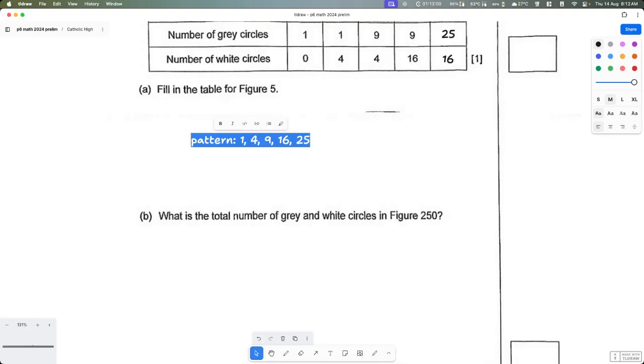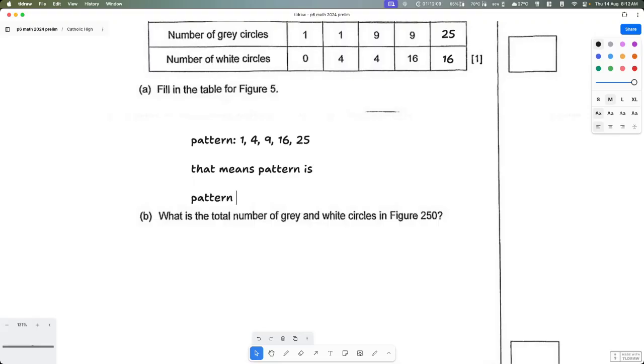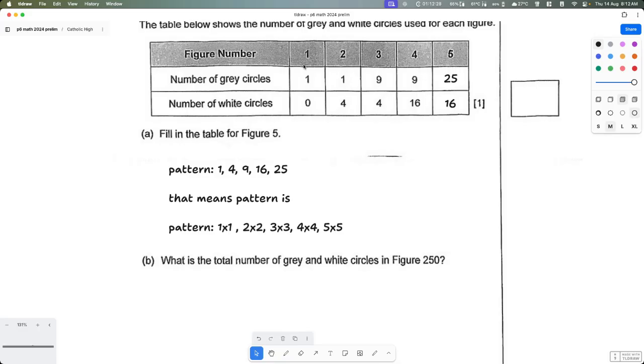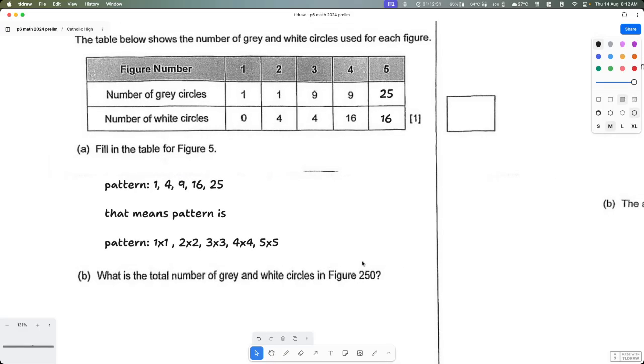So the plain pattern is basically 1 times 1, and then 2 times 2, and then 3 times 3, and then 4 times 4, and then we have 5 times 5. So that's basically the pattern. Now you just need to figure out the total number of gray and white circles in figure 250.